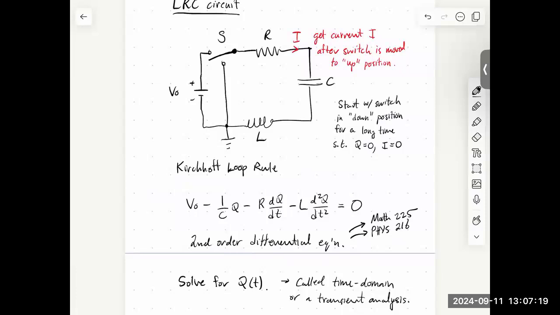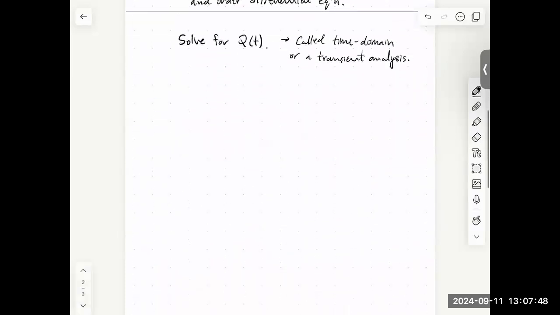They have a knob where I can change the frequency of the sine wave. And so another question that we're going to be interested in this course is how does the behavior of the circuit change as I vary the frequency of the sine wave that I drive it with? That's going to be called a frequency domain analysis. And that's where we'll spend most of our time and effort in this course. But we'll start with these time domain analyses.